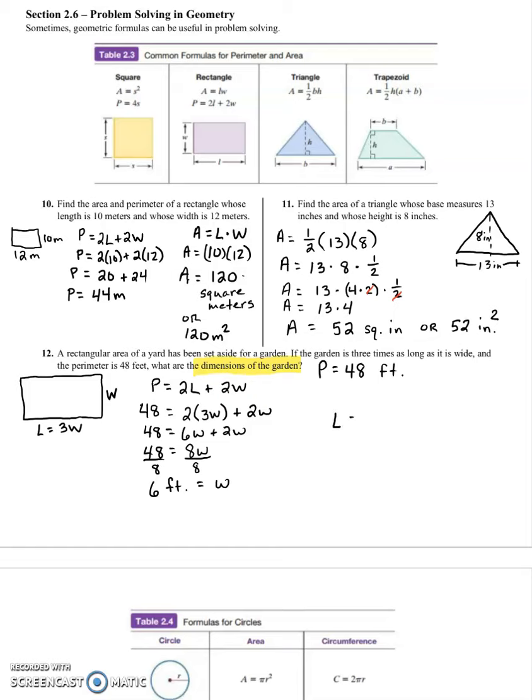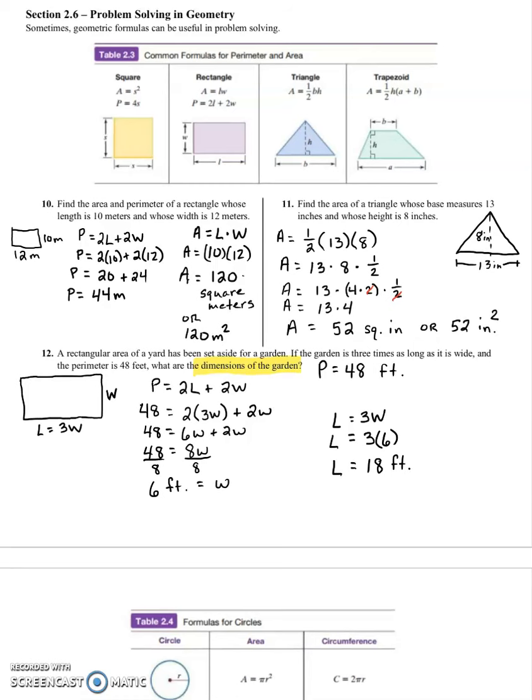We knew that the length was 3 times the width, right? So that means the length is 3 times, W we said was 6 feet, so our length is 18 feet. So our garden is 6 feet by 18 feet.